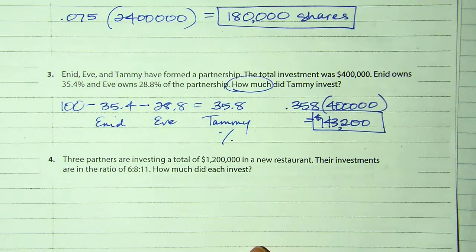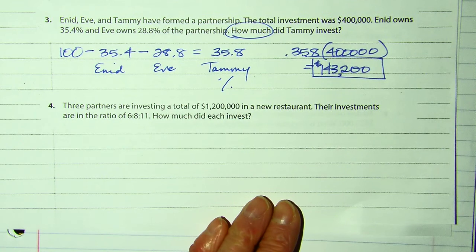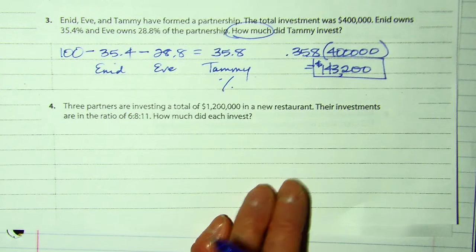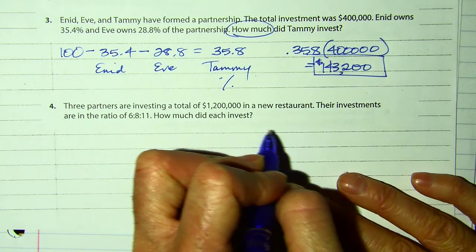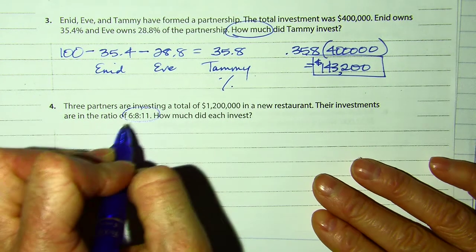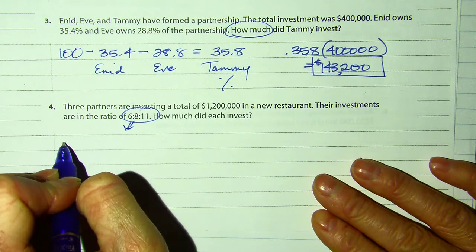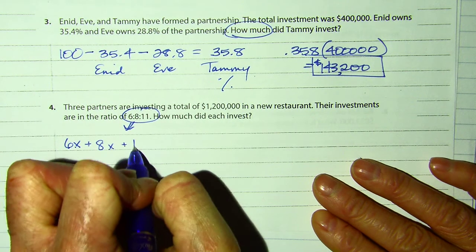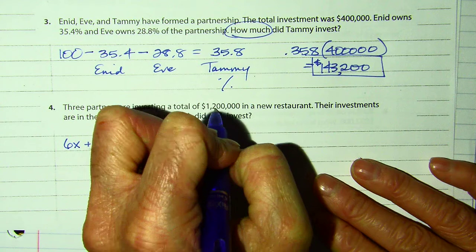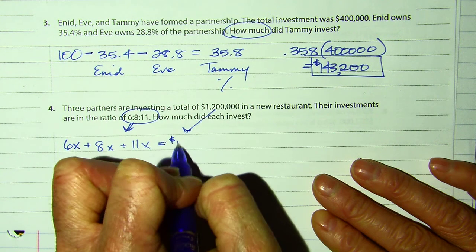All right, now we're going to get into ratios. The book goes over how to solve this, but here is their ratio, and the ratio will be listed in order of partners. So how much did they each invest? We're going to take this ratio and set it up with x. So 6x plus 8x plus 11x, and we're going to set that equal to the total amount invested.